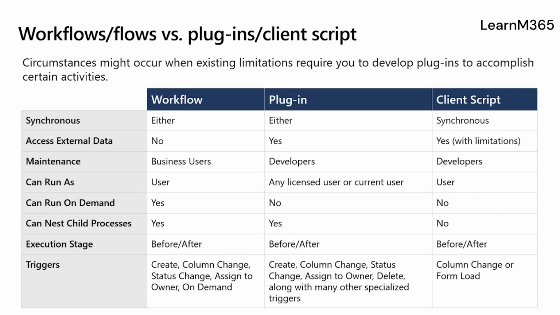Plugins support many triggers like create, column change, status change, assign to owner, delete, along with many other specialized triggers, like pre-validation and pre-operation triggers. However, client script just supports two triggers, column change or form load. I hope this table will help you to decide what option you should go for.